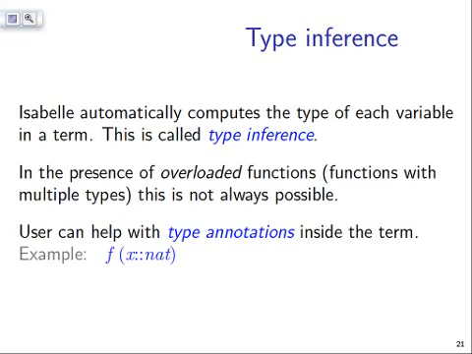So, for example, if there are multiple f's and you want a particular one, you may have to write f and then the argument x, and then you say, oh, please let x be a natural number, because if you didn't write this, x is assumed to be a variable, and if the context doesn't clearly imply what the type of x is, then it's not clear which f you mean, and therefore here you can put this annotation locally into a term and thus disambiguate the function call.